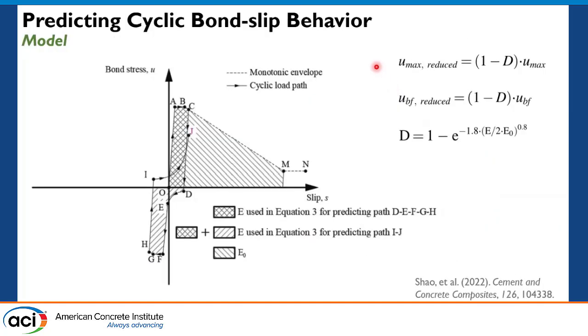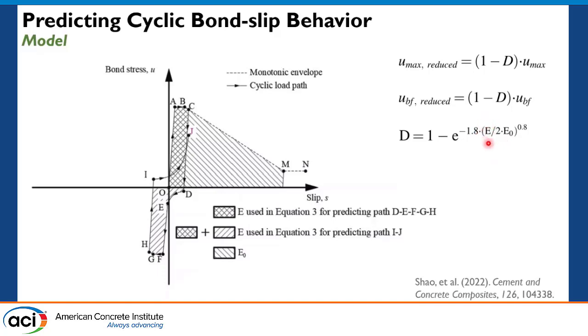And then we have a model for predicting the cyclic bond slip behavior, which is mainly based on an energy concept to consider the degradation brought by different cycles. So under different cycles, we define a damage index, which is related to the energy.